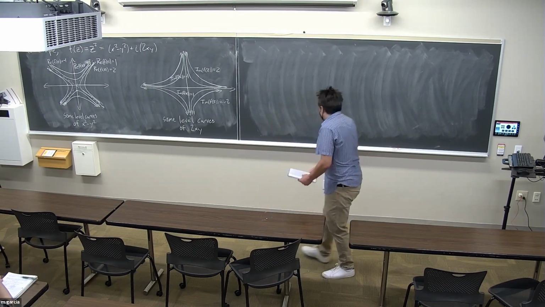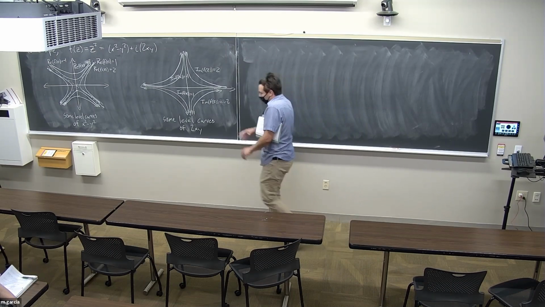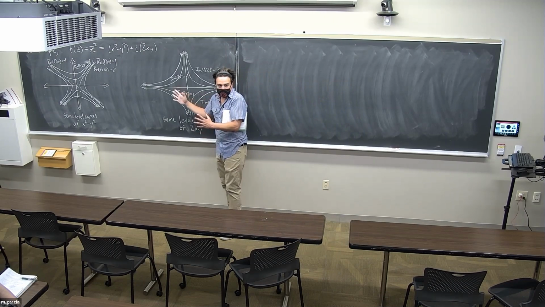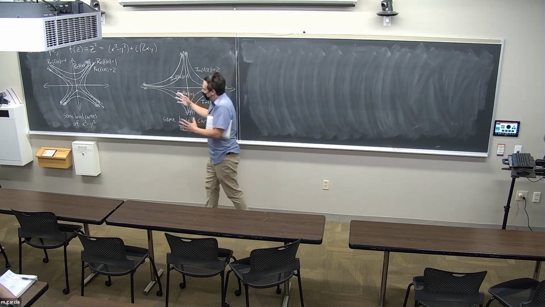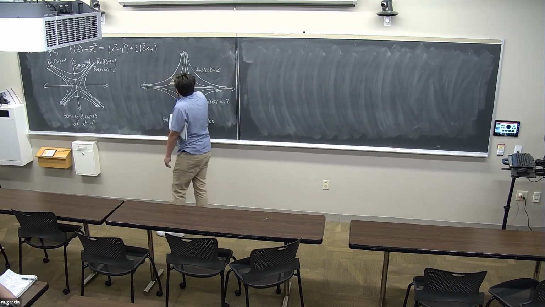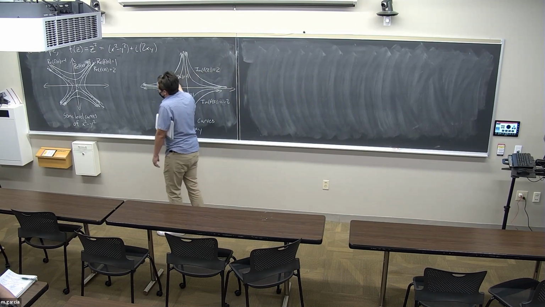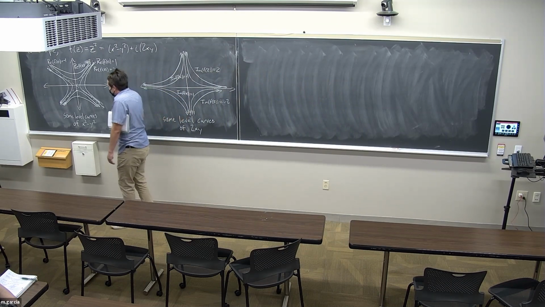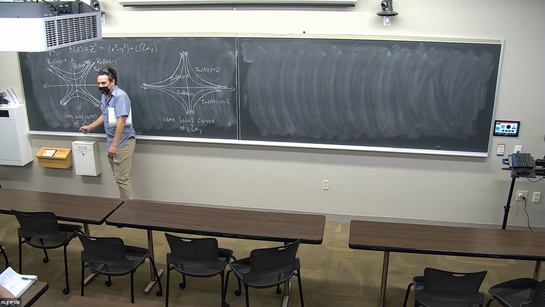What happens, or what appears to happen when you superimpose these two pictures, is that the level sets of the imaginary part intersect the level curves of the real part at right angles.